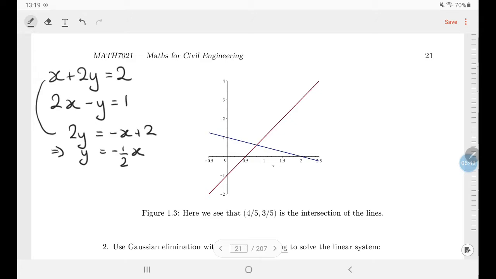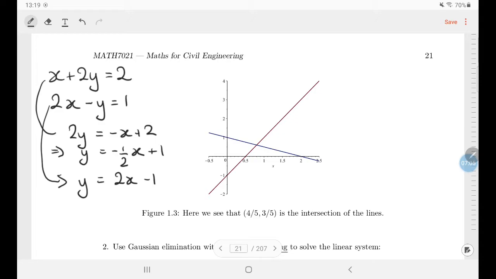You can think of the minus x as minus 1 times x. Divide that by 2, you get minus 1 over 2 times x. And then 2 divided by 2 is 1. We'll do similar for the other one. It's a bit easier, so we'll go a bit quicker by adding y to both sides and taking away 1 from both sides. So you get y is equal to 2x minus 1.